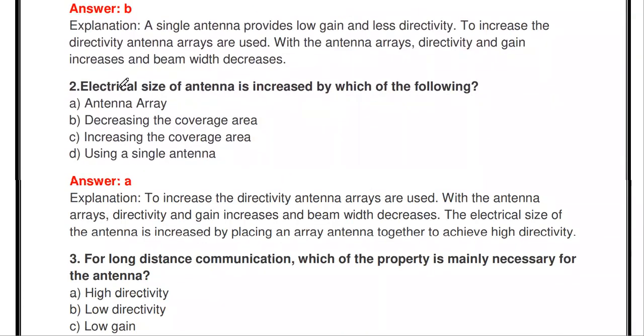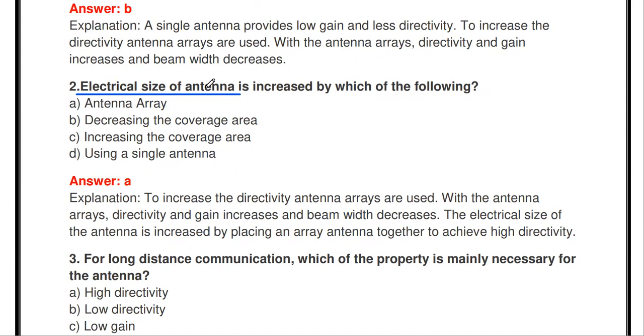The next one, the electrical size of antenna is increased by which of the following? Not the physical size, the electrical size of antenna is increased by which thing? Antenna array, decreasing the coverage area, increasing the coverage area, using a single antenna.